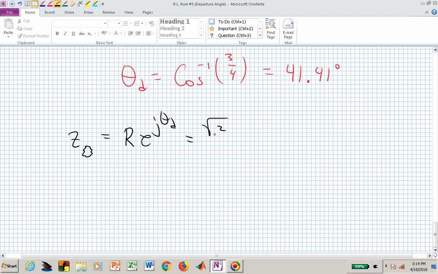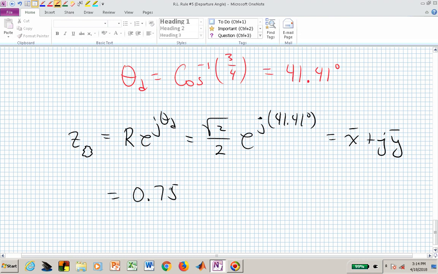Our r was the square root of 2 over 2, and our theta sub d was 41.41 degrees, and that's just some x bar plus some j y bar. If you go through that, you end up with roughly 0.75 plus j 0.661.